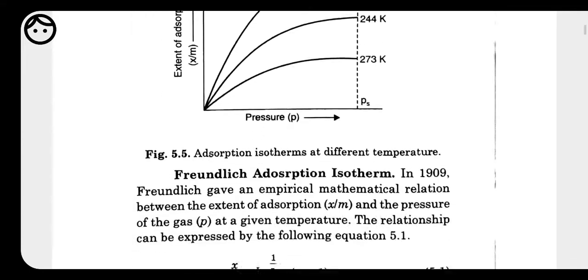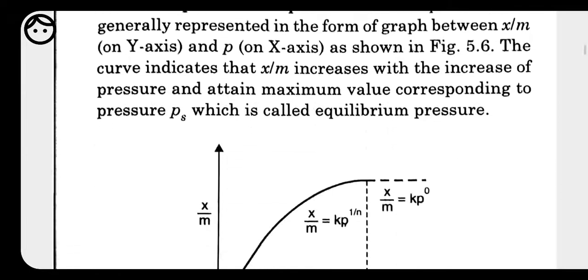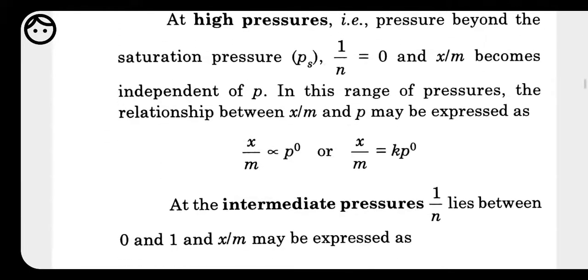That's why it could be written as, see, at high pressure, x upon m, that is the extent of adsorption, is directly proportional to P to the power 0, where the 0 says that the extent of adsorption is independent of pressure. So this can also be written as x upon m is equal to k P to the power 0.